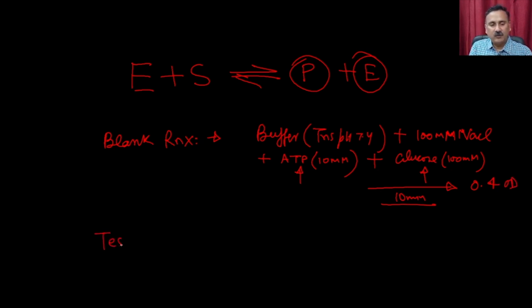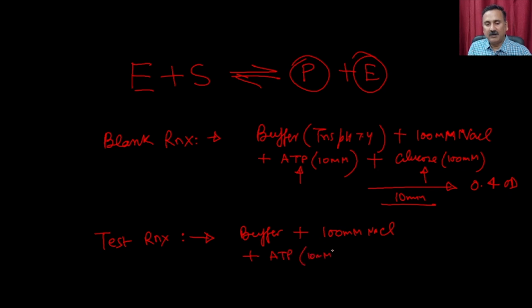Now I am going to do a test reaction. In the test reaction, I am going to have everything: the buffer, the salt, everything I take from the blank reaction, the ATP, and also the glucose.